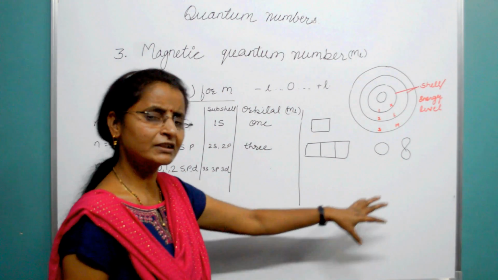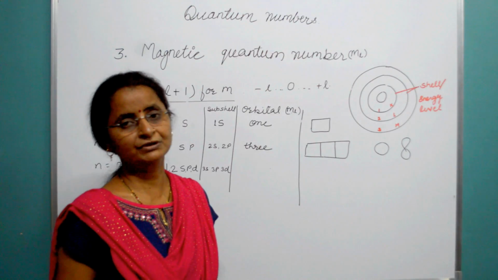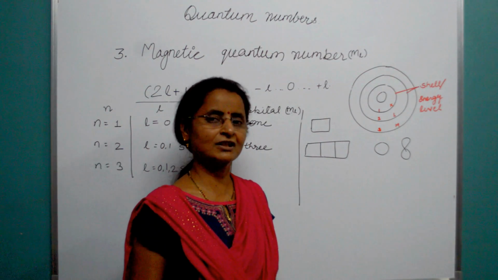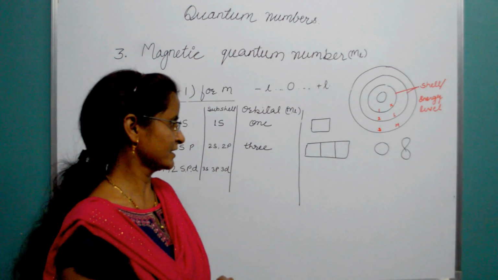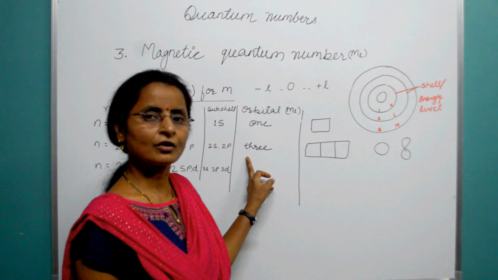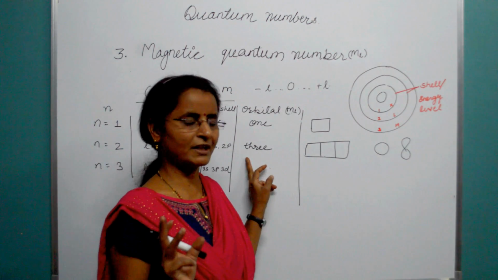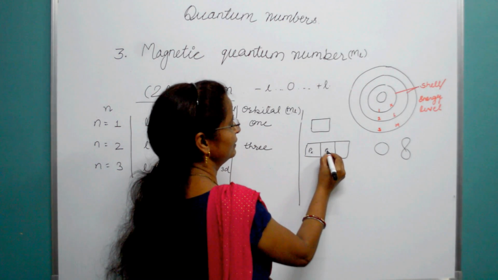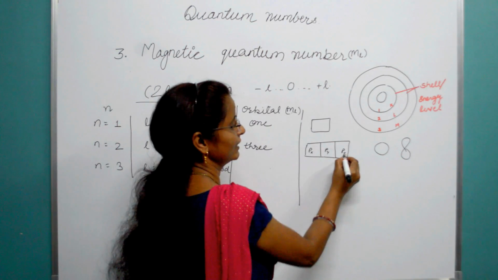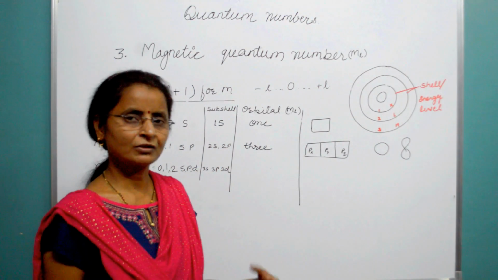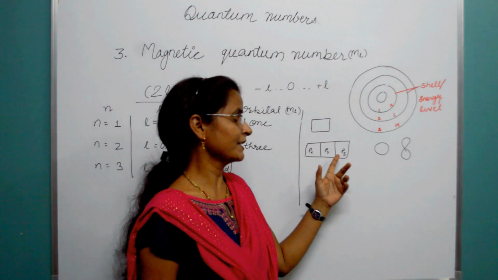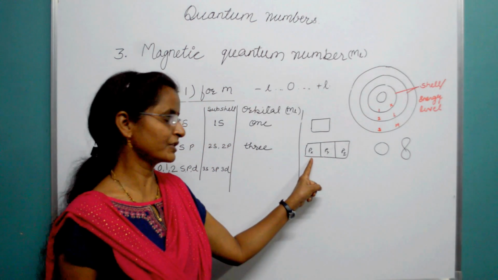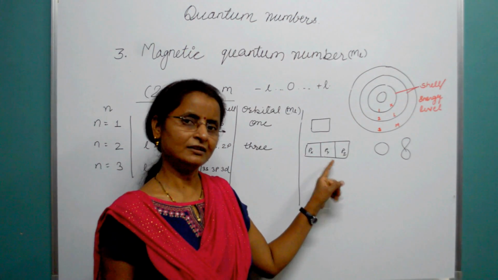Like that, there are different shapes of orbitals depending upon the probability of electron density in space around the nucleus. So in the p subshell 3 orbitals are present, so we represent them as px, py and pz, because their orientation is on the x, y and z axis.